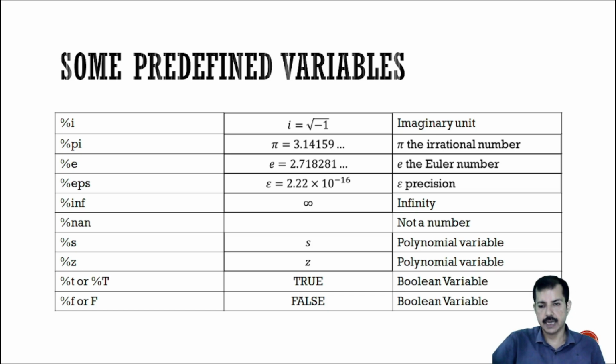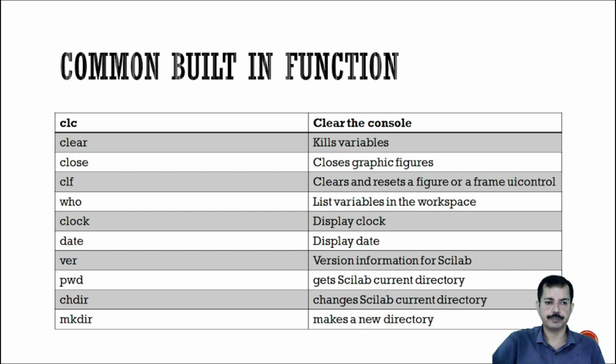Percentage s is used for symbolic calculation, especially for calculating real polynomials. Percentage z is defined as a polynomial variable for complex. Percentage t or percentage capital T is for the Boolean true variable. Percentage f or capital F is for the Boolean false variable.